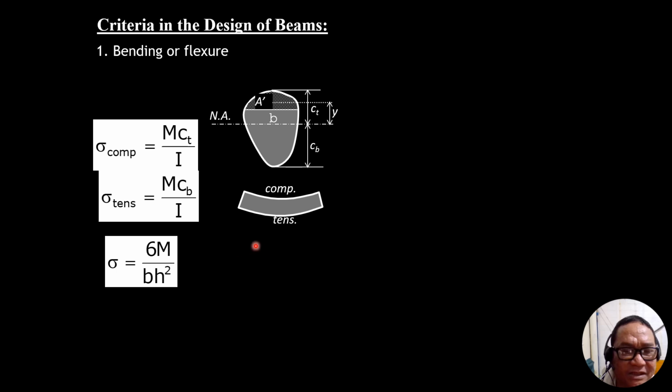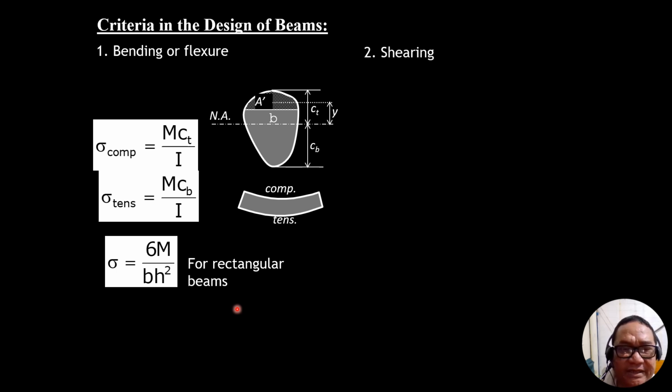Again, for a rectangular section with isotropic property, the bending stress in tension is also equal to the bending stress in compression. You can use this for a rectangular solid section. So this formula can be derived if you replace c by h over 2 and moment of inertia bh cubed over 12. So that's for rectangular sections, rectangular beams.